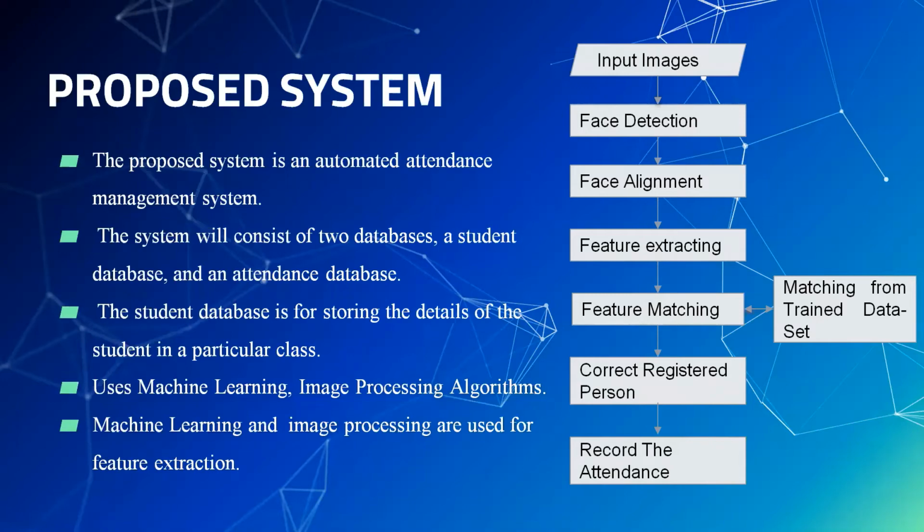Feature extraction is going to be done using PCA or CNN. We have to decide between those two. And after the feature extraction is done, the classification is going to be done by a support vector machine.